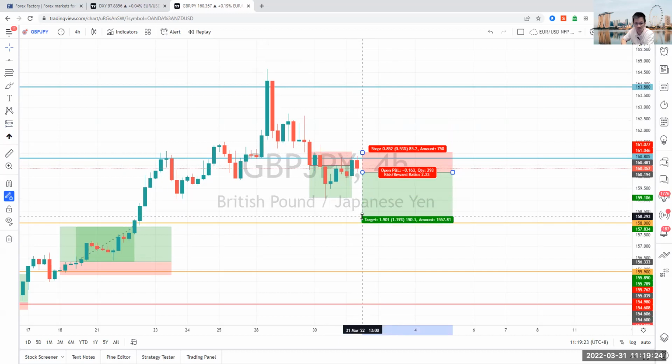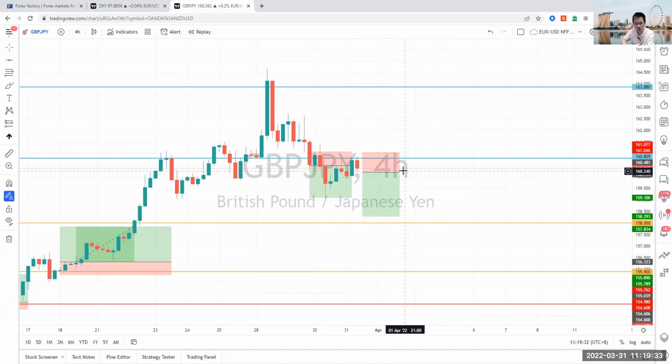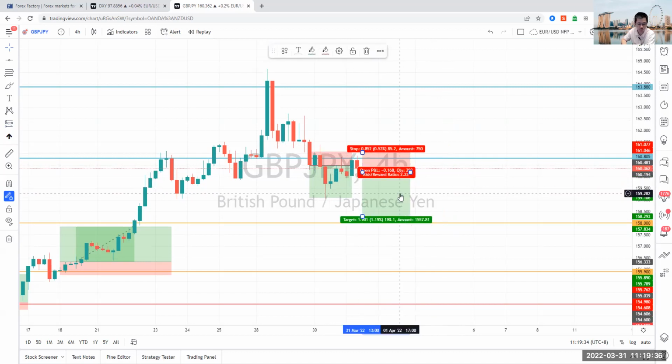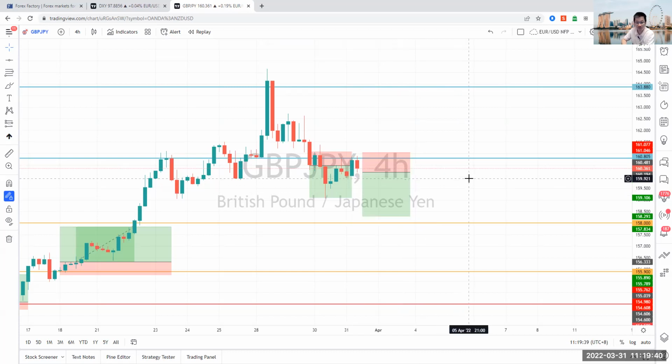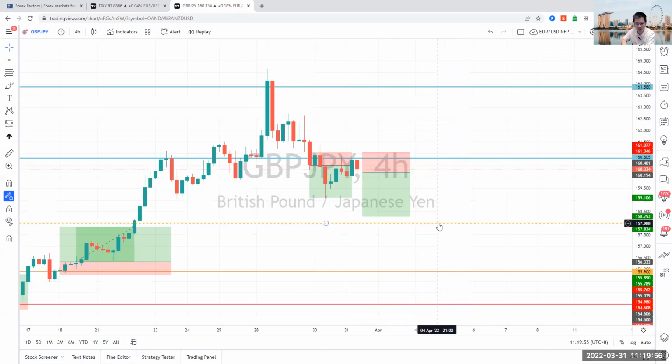But overall, you could even be looking for almost 190 pips towards the downside for the pound yen. So this is a 1:2.2 risk reward ratio towards the downside for the pound yen, given that it rejects this 160 resistance level and it closes below 160.20. You can look to sell towards that 158 support level.